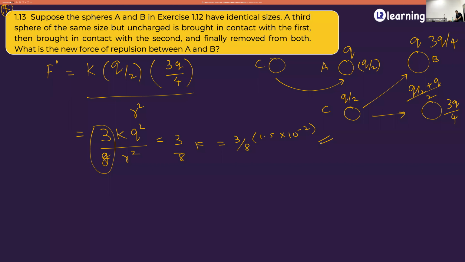This one. 3, 4 into 2 is 8. 3 by 8 times kq square by r square. Clear with this? Shall I proceed? Yes, sir. Good.